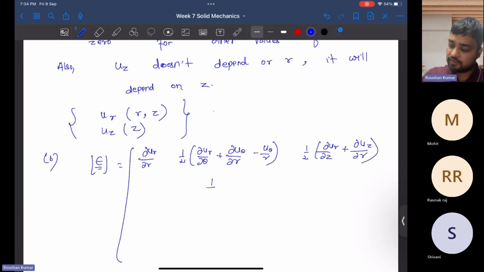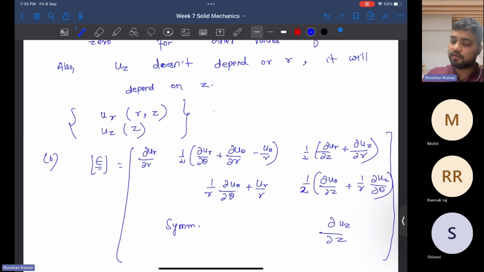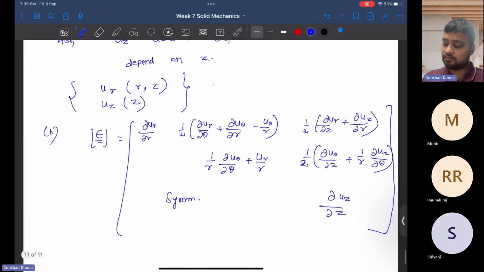The second term is 1 by r del u theta upon del theta plus ur upon r. This one is 1 by 2 del u theta upon del z plus 1 by r del uz upon del theta, and this component is del uz upon del z. This is a symmetric tensor, so I'm not writing the remaining components, because if you know the other components you can similarly take the symmetric ones.